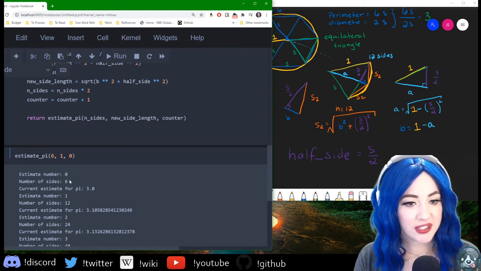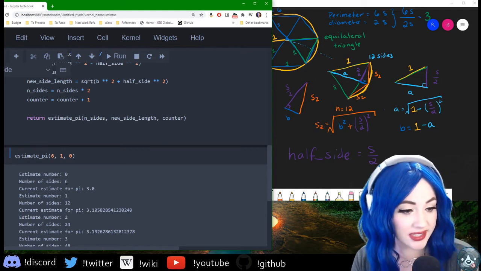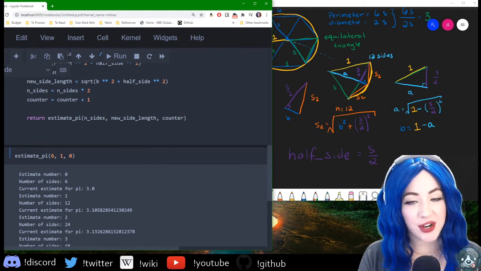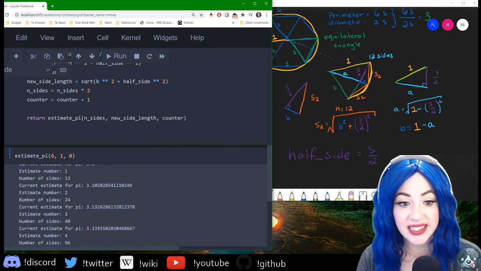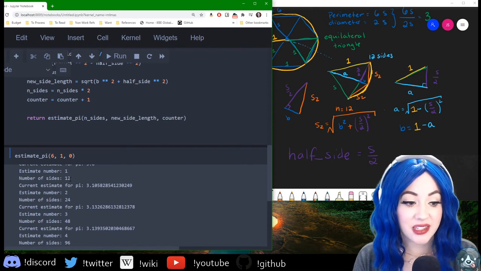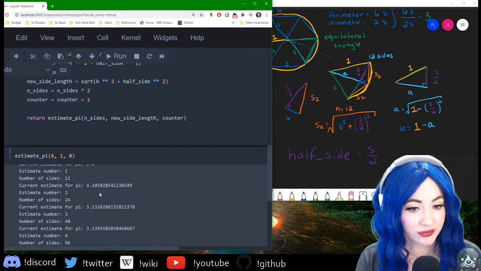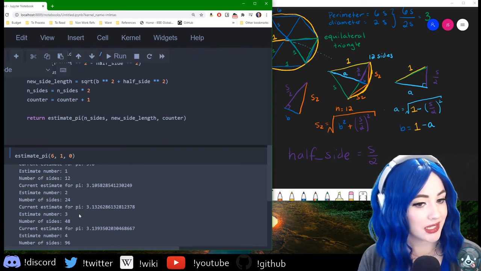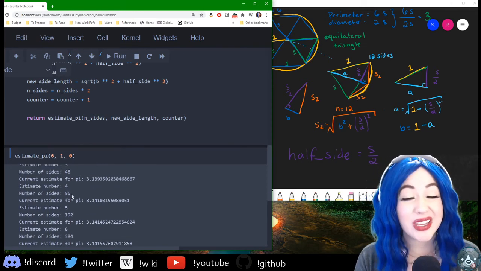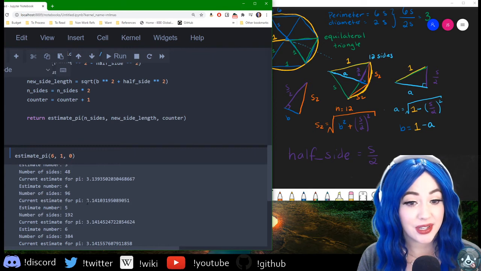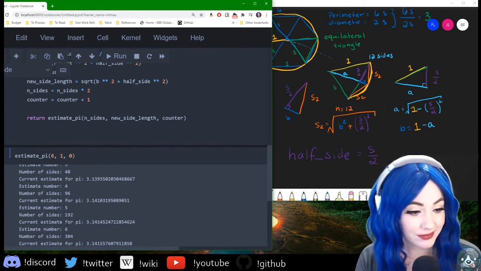So our first estimate, we're dealing with a hexagon, 6 sides, and our current estimate is 3. We know that, we did that by hand. Then our next estimate, our number of sides doubles, 12, and our estimate gets a little better. Already after 4 estimates, we're talking 96 sides, we've got 3.14.